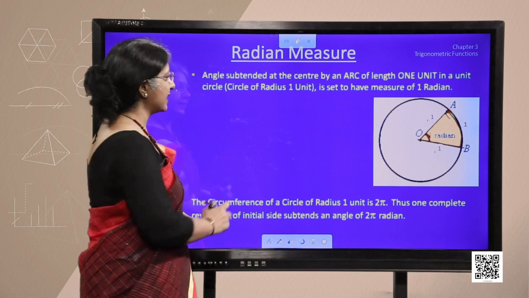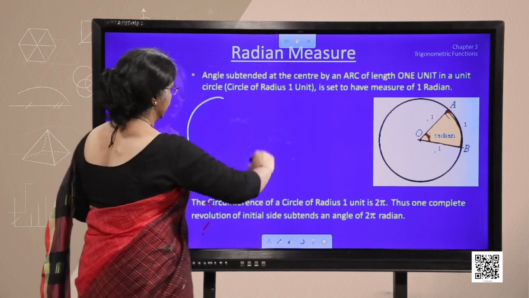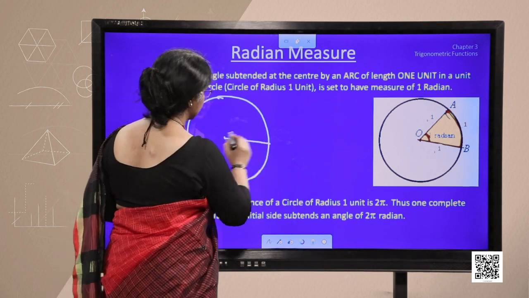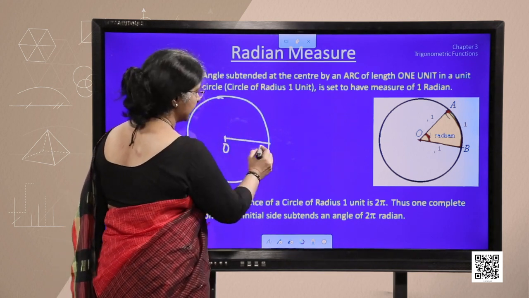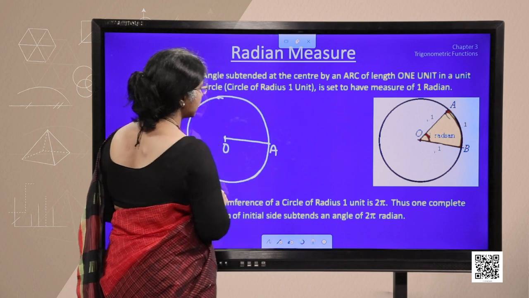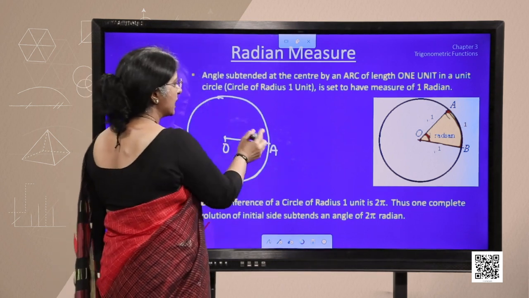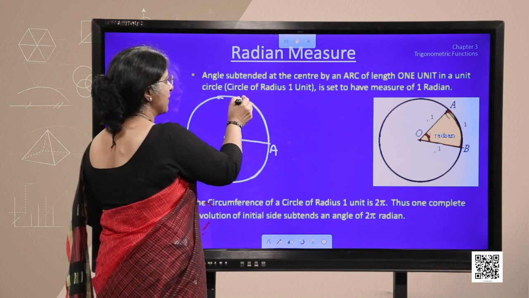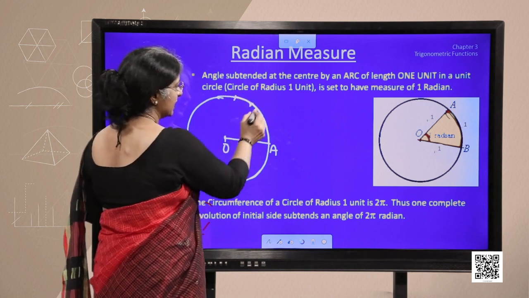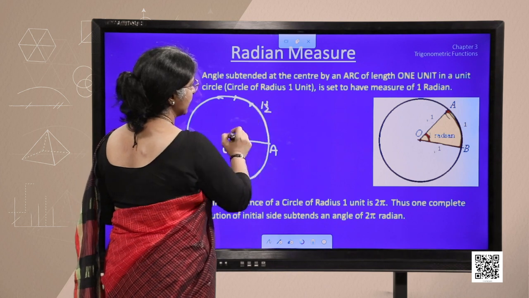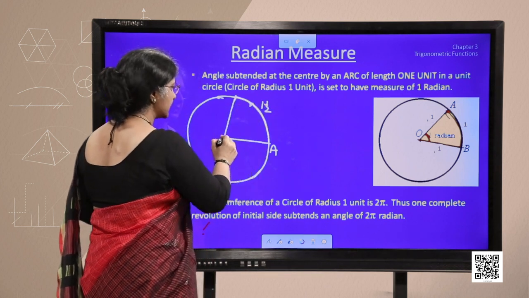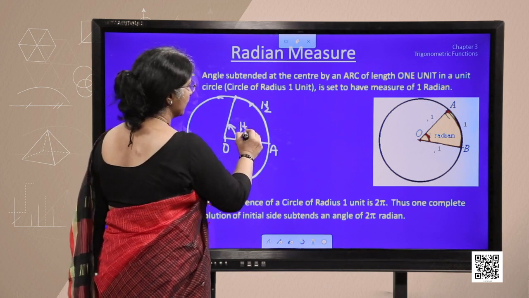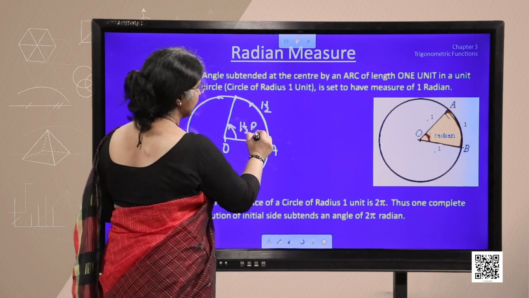Similarly, if we consider another circle with radius 1 unit, meaning unit circle, center is O and this is the initial side, and it moves and traces a length exactly 1.5 times this radius, then the angle subtended at the center is said to be 1 and 1/2 radian.